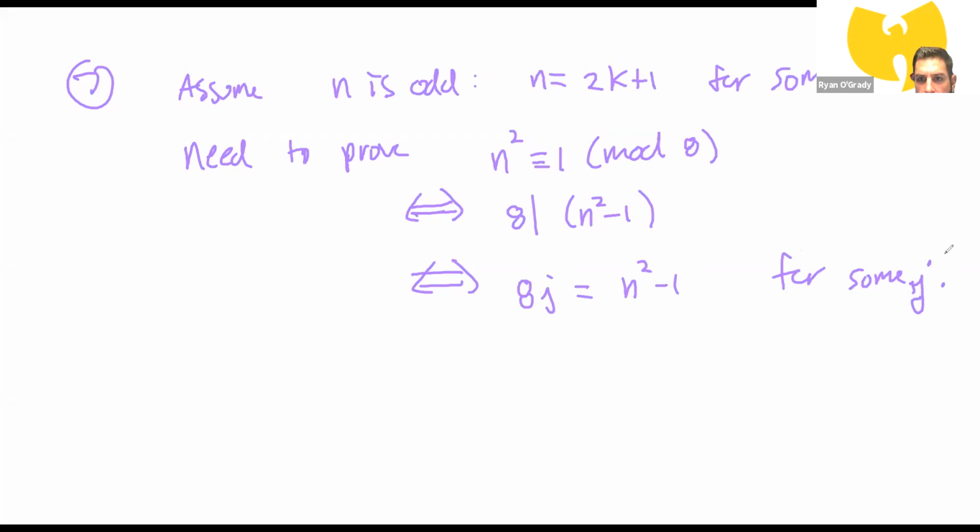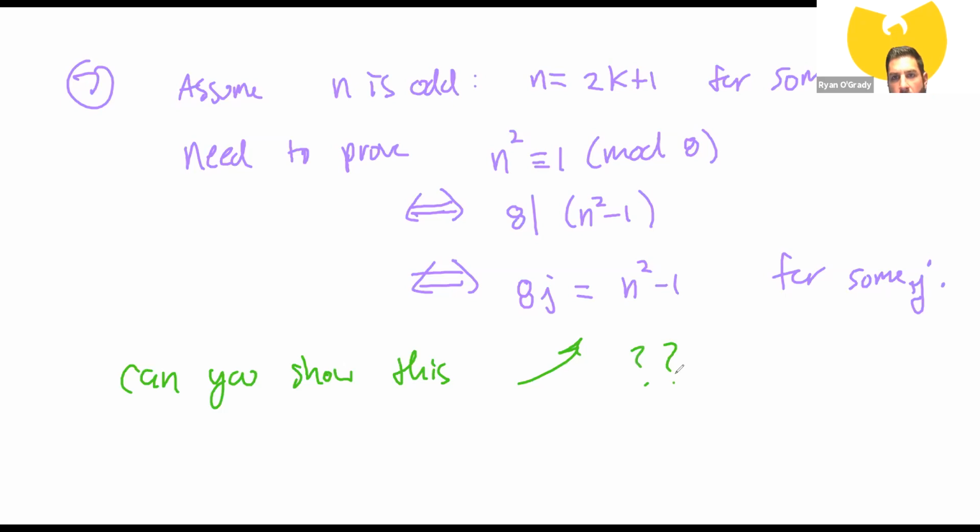So can you show n squared minus 1 is equal to 8 times an integer? Take n, square it, and see what you can do. There's a couple ways you might reason here. I'll let you think about it. It's not easy, but once you see how it works, you're like, oh, that wasn't bad. Any comments, questions about this?